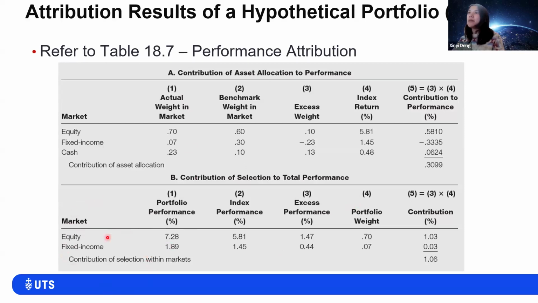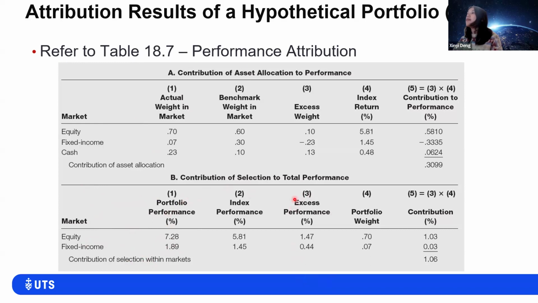By market segment, I'm referring to, for example, the equity market, the fixed income market, and so on. Because we are focusing on selecting the securities that are delivering superior returns and superior performance.